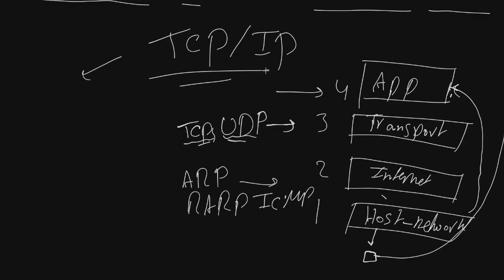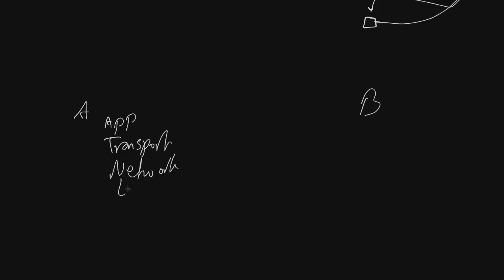So when a message is sent from A to B, the message travels by headers. What does that mean? It passes first through the app layer, then transport, then network, then data link, and then physical. Let's name them 1, 2, 3, 4, 5.